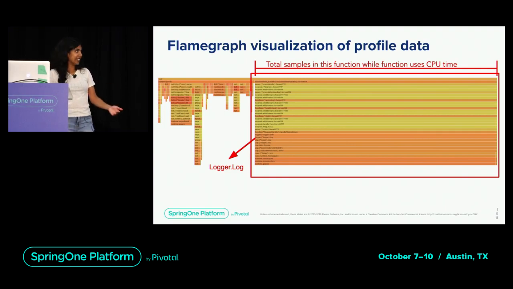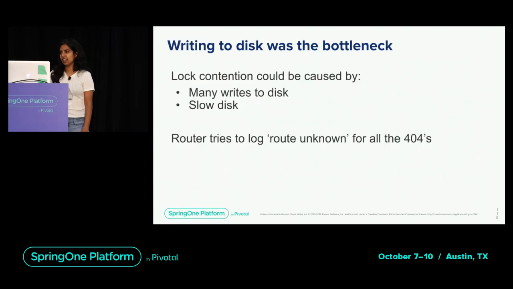So there's some kind of bottleneck in the logging. We know that when profiling this code, there's a lot of 404s, and 404s probably result in logging. Further down the stack, we also see that during the write for the log, it's calling to a locking function. So we finally found our bottleneck, which is lock contention when writing to the disk.